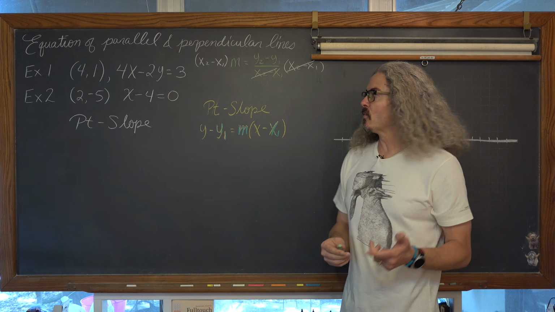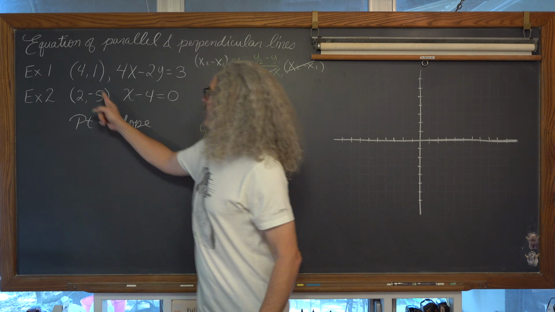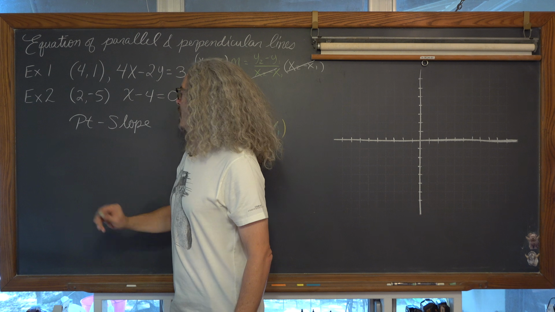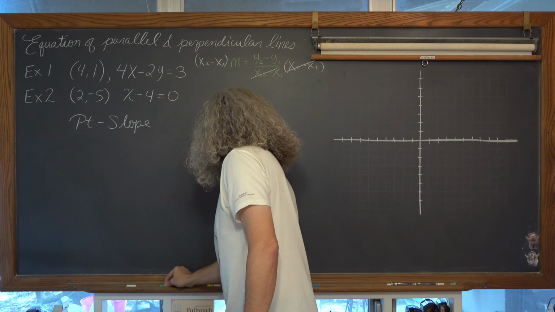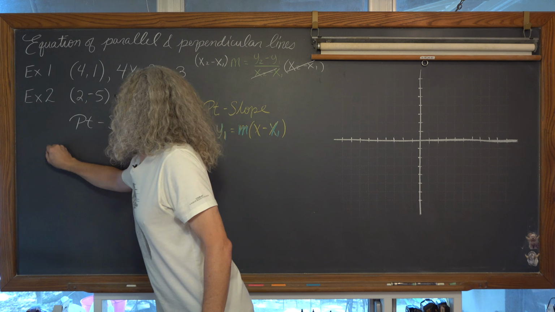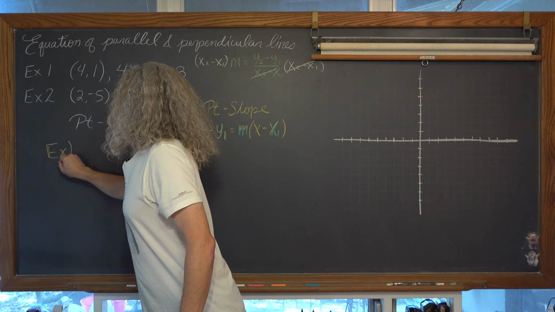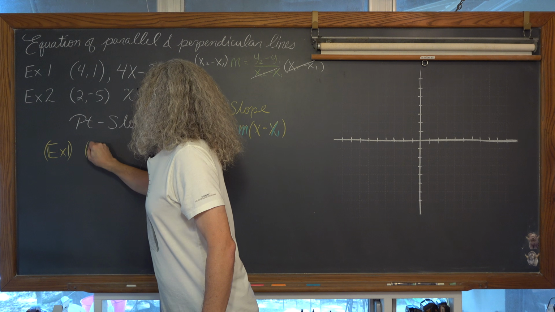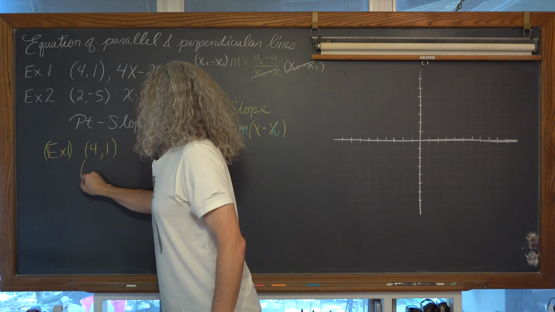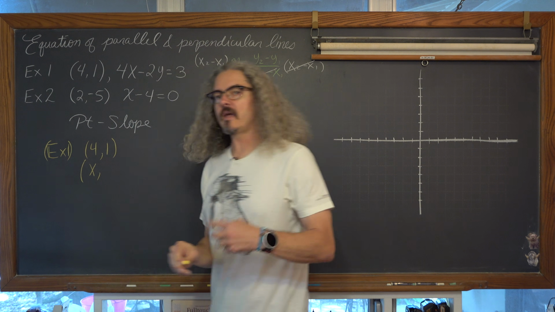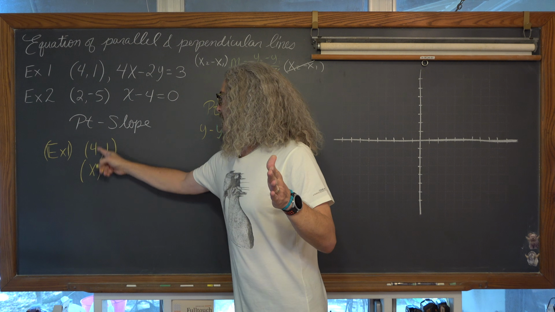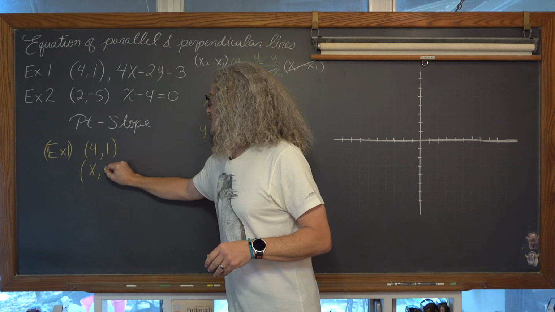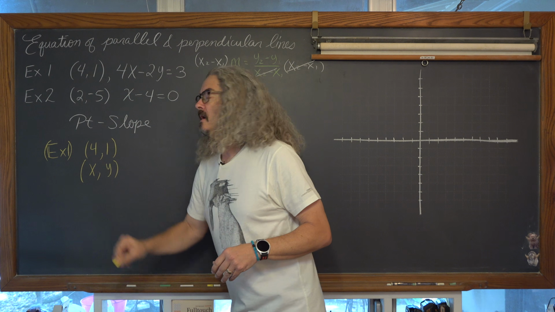So for example number 1, we have a point given of 4, 1, representing a horizontal location of x equals 4, and a vertical location of this fixed point, a y-coordinate of 1.